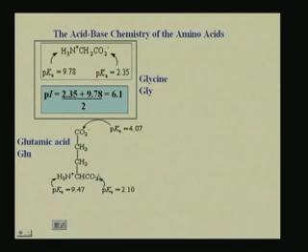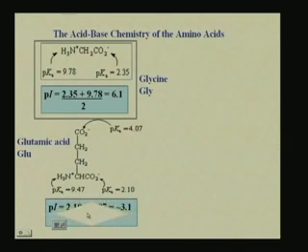So it first loses this one, right? So in between these two my charge is 0. So what is my pI value? 2.1 plus 4.07 divided by 2.